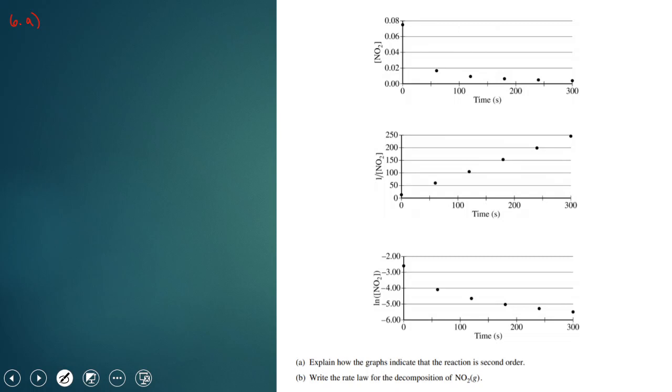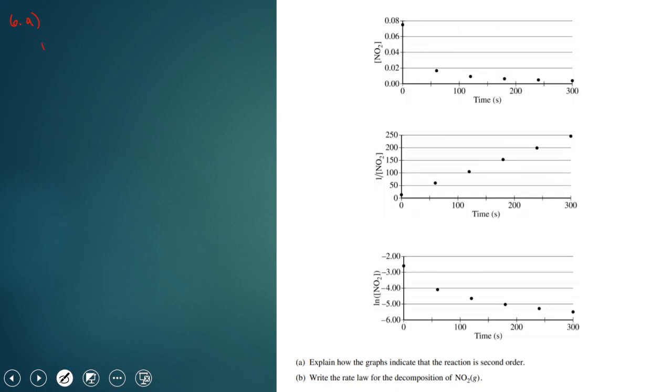And so we can use that to say, on a graph plotting our concentration versus time directly, if it was order 0, we would have a straight line, but it isn't. Now let's look at the last graph. Basically, you're looking for which one has a straight line. The last one, ln versus time, doesn't have a straight line, it's more of a curve that represents first order. So the first order one doesn't work. The second order graph, which is the 1 over concentration versus time, does have a straight line slope.